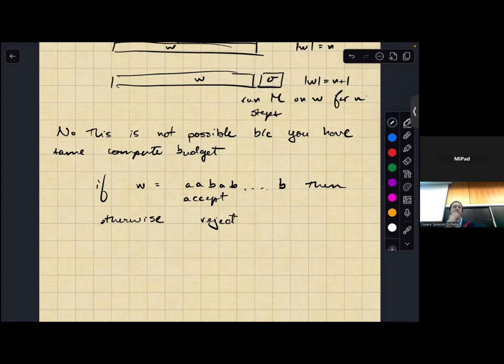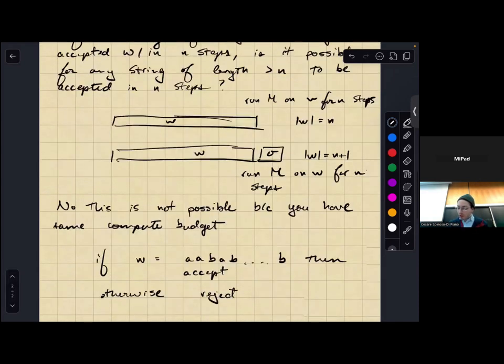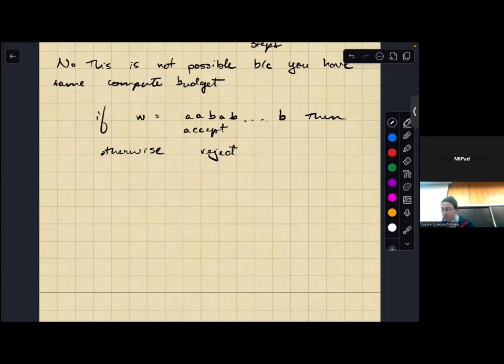Good question. Okay, so now with this factoid in mind, how can we convert it into an algorithm which doesn't loop forever? The algorithm is going to be very simple.